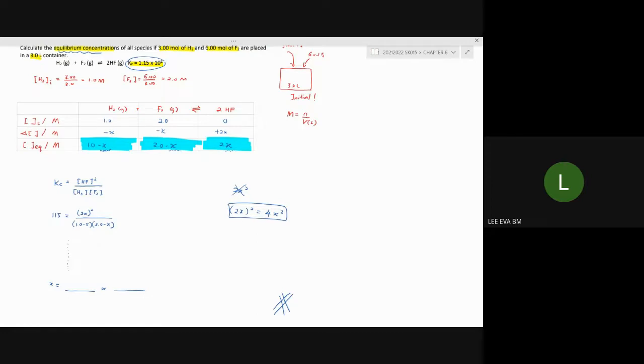So maksudnya Hazim dapat dua value X tu kan, awak cuba substitutekan dalam equilibrium concentration dekat sini yang Madam underline. Concentration dia tak boleh negatif. X memang dia akan dapat positif lah, tak ada masalah. Tapi cuba check bila awak buat substitution.